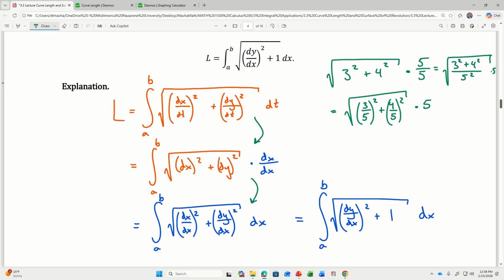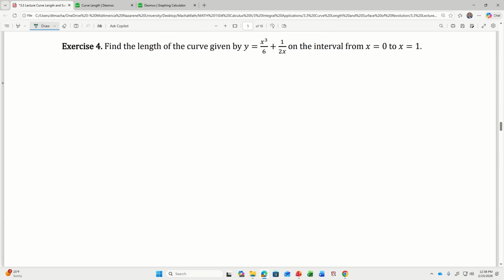No. So if you have an explicitly defined curve, now you know what formula to use. We say that the length of the curve is going to be the integral of the square root of dy dx squared plus 1, dx. So this time I have a curve y equals x cubed over 6 plus 1/2x.